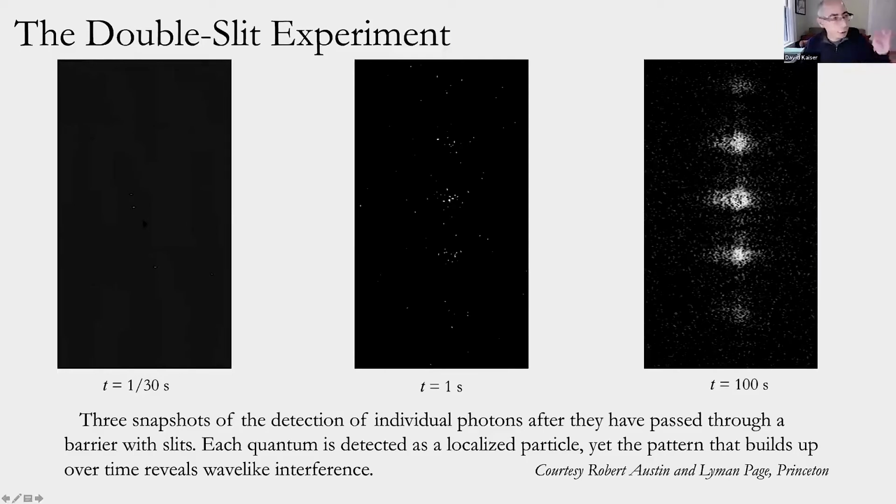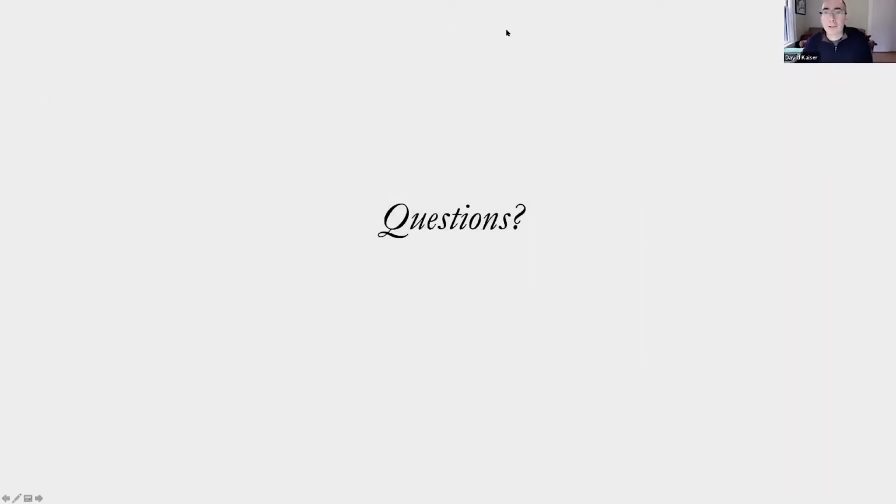So we shoot out individual quanta, particulate-like. We detect individual quanta, particulate-like, and they can't interfere with each other because we make sure only one's in the device at a time. And yet over time, they somehow build up this very characteristic wave-like interference pattern. That is what's called the double slit experiment.